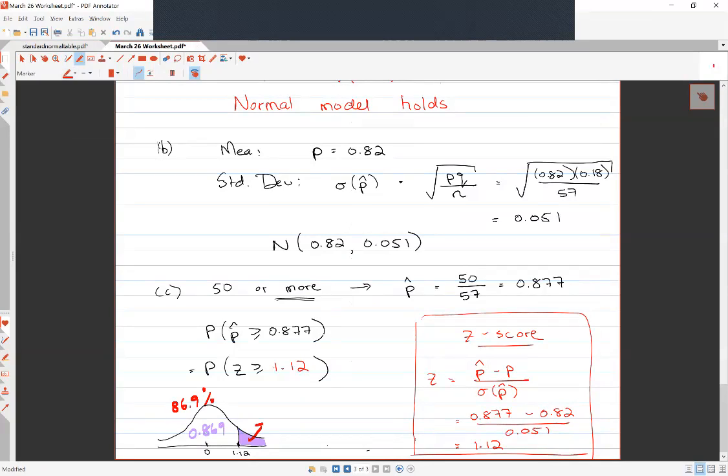But I want probability to the right, so I have to subtract it from 100, which in this case ends up giving me 13.1%. So that is the probability that there are 50 or more students in my sample who eat at Chipotle at least once a month.